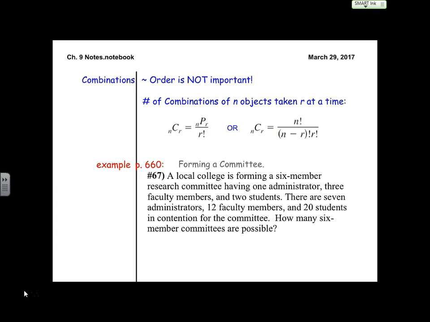We've talked about what to do if order is important or if order is not, with permutations, combinations. But maybe we haven't really talked about what if order is not important, and that is where we are. If order is not important.